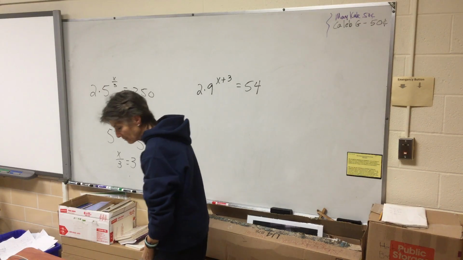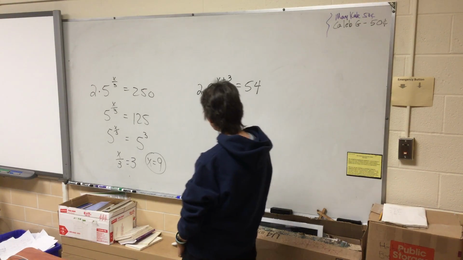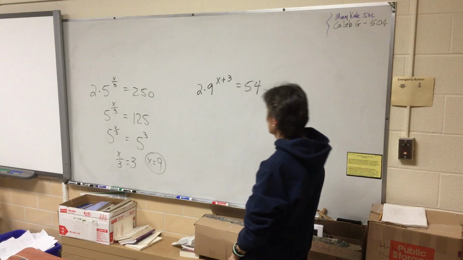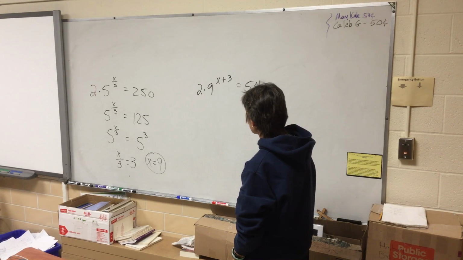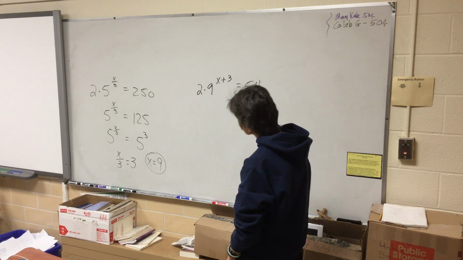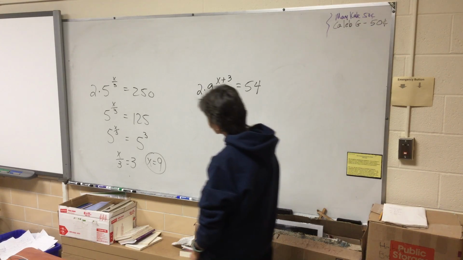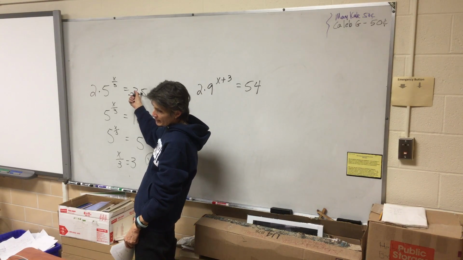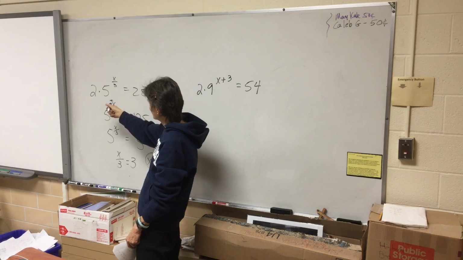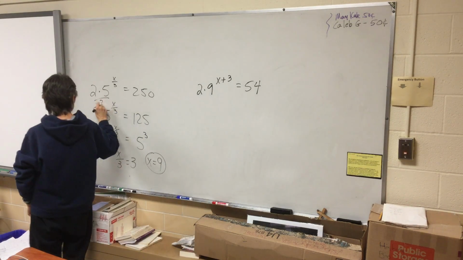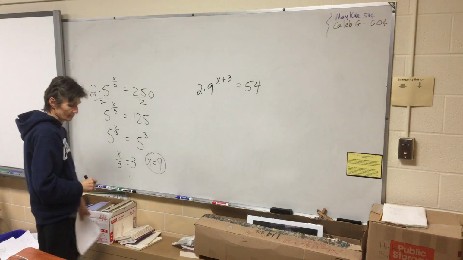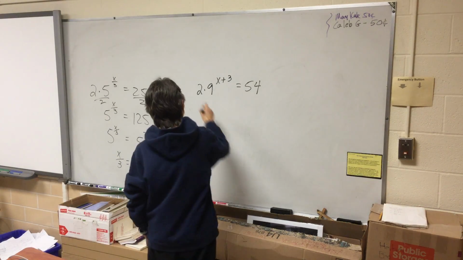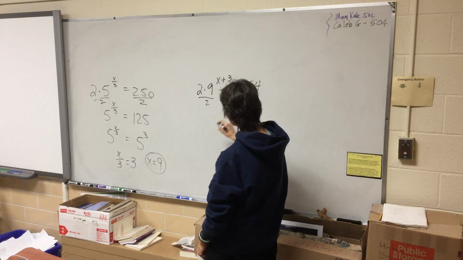Who's still awake out there? William, what about step 1? What do you think? William, look at the problem we just did. What was step 1? Do that. Yeah, divide by 2. Yep, I'm going to divide by 2. Got to pay attention, please.